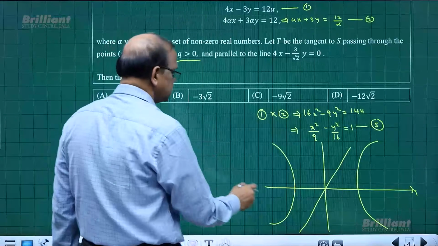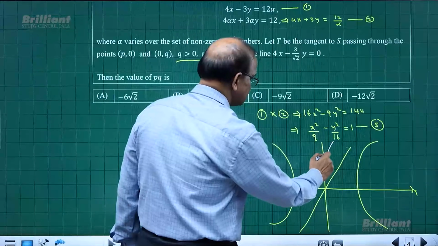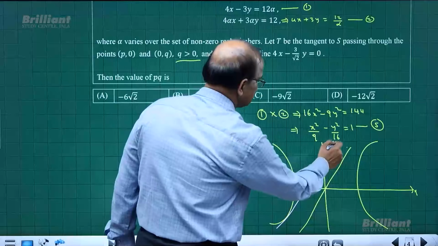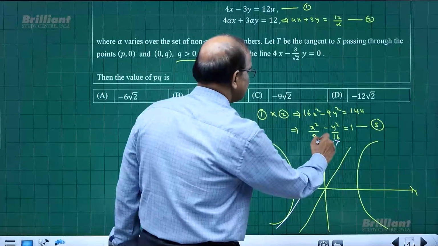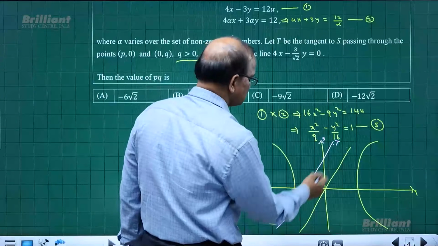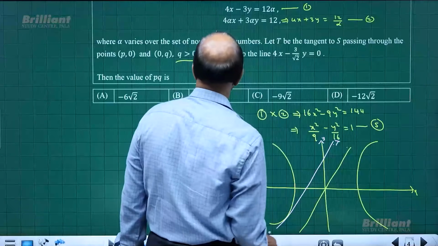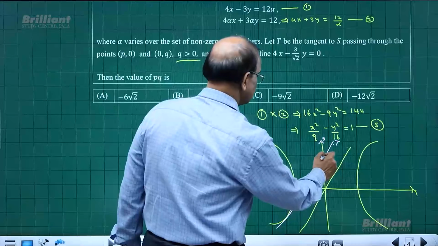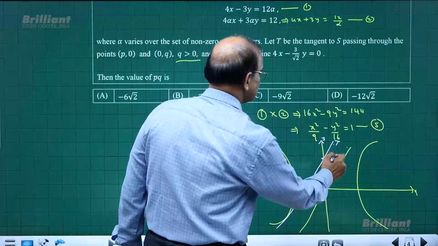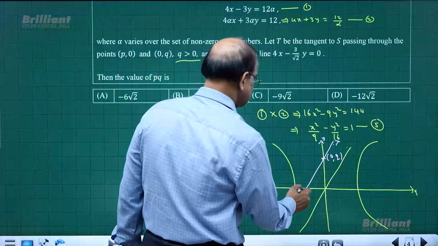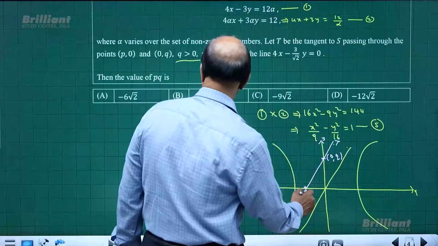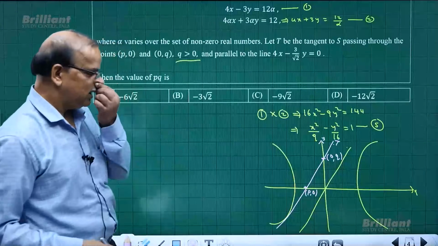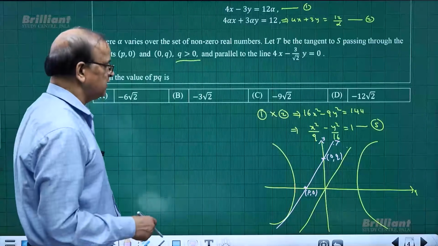T is a tangent parallel to this, something like this we can take. Because Q is positive, that is why I drew it like this. So this is 0 comma Q, and this is P comma 0. Now, I think P must be negative.